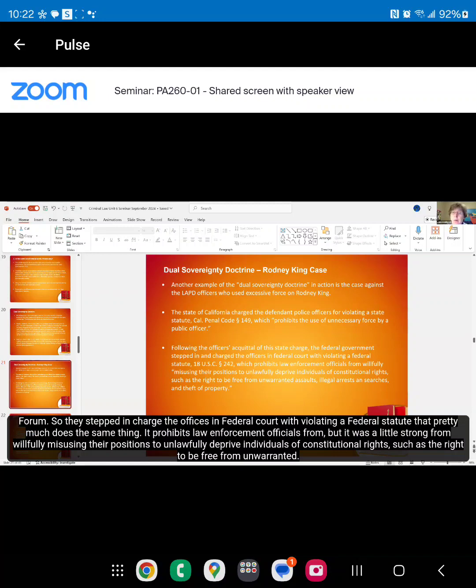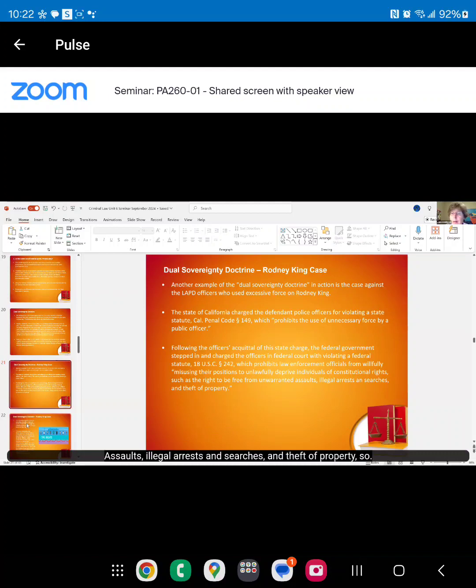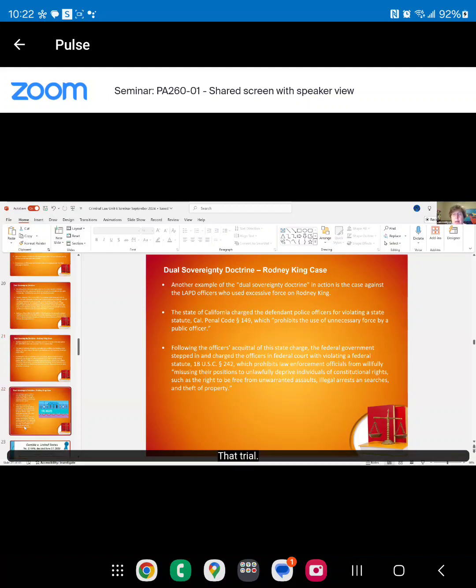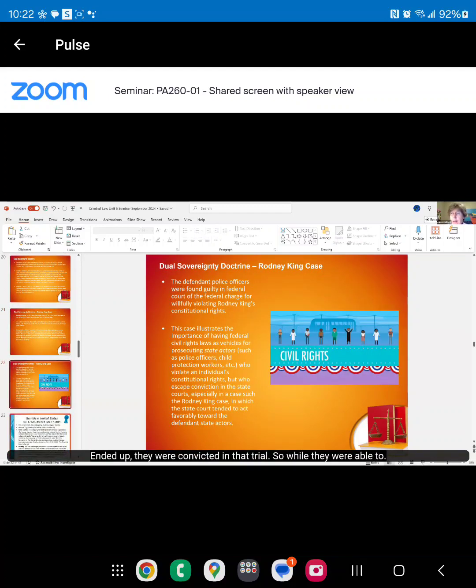So they stepped in and charged the officers in federal court with violating a federal statute that pretty much does the same thing. It prohibits law enforcement officials from willfully misusing their positions to unlawfully deprive individuals of constitutional rights, such as the right to be free from unwarranted assaults, illegal arrests and searches, and theft of property. That trial ended with them being convicted.